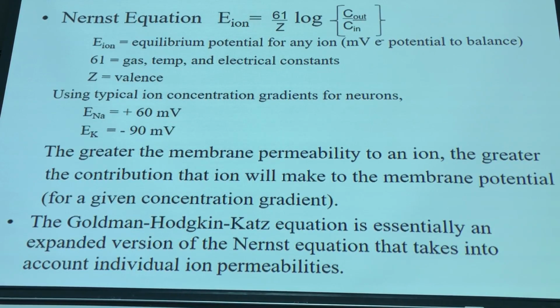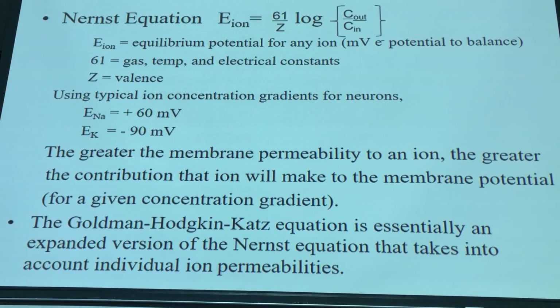The next statement is really kind of obvious. The greater the permeability to an ion, the greater the contribution that ion will make to the membrane potential. So in the case of sodium, you see that they can be quite different, okay? Sodium is a positive 60, potassium is a minus 90.